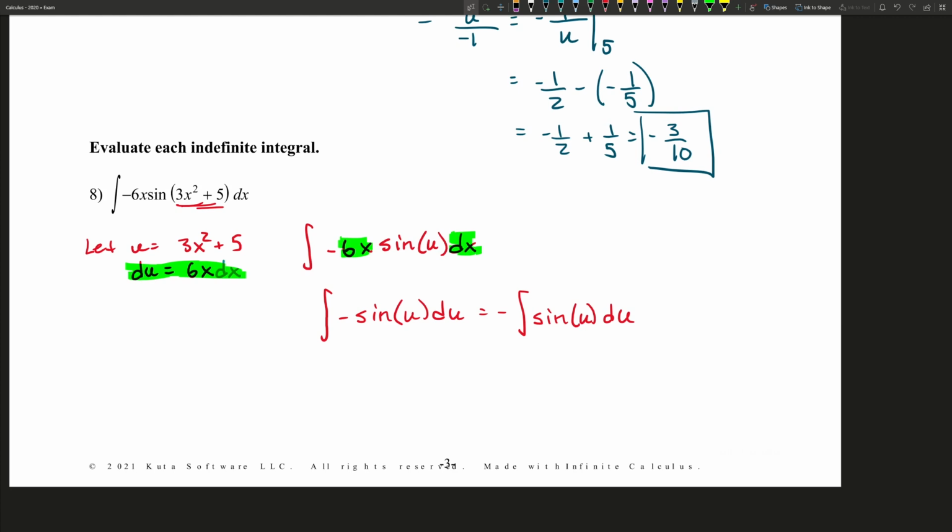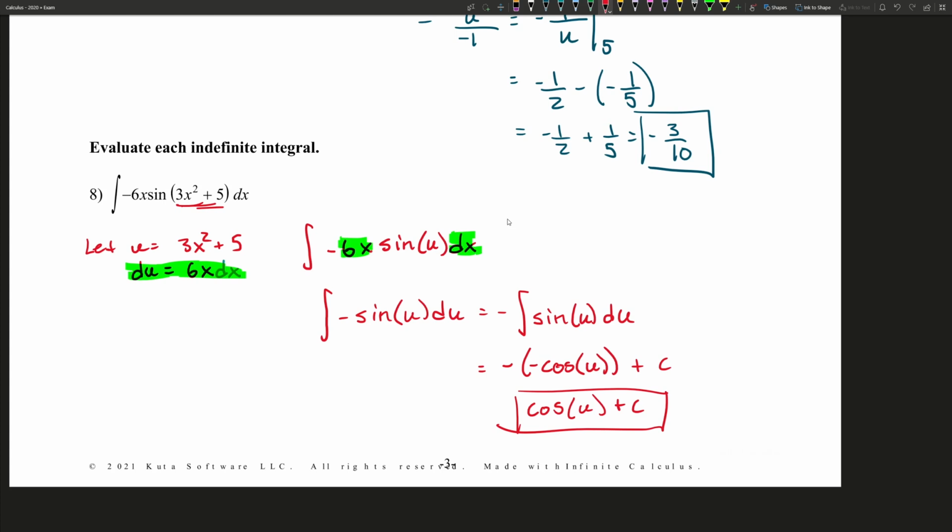Which is negative and then negative cosine of u, and then plus c. So this ends up being just cosine of u plus c. And then that's our indefinite integral.